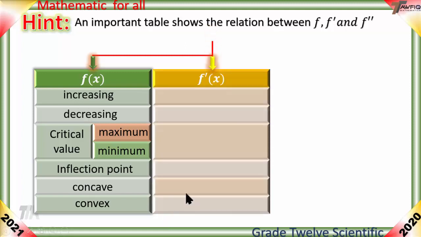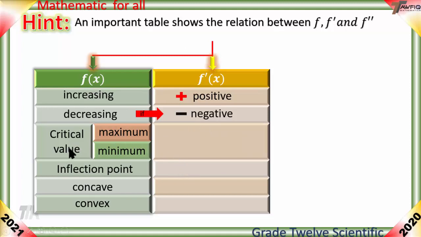And now f prime of x, what is the value of f prime of x, or the first derivative, when the function is increasing? When the function is increasing, the value of f prime of x is positive, and when it is decreasing, the value of f prime of x is negative. That means if the first derivative is positive, then the function f of x is increasing, and if the first derivative is negative, then the function f of x is decreasing.